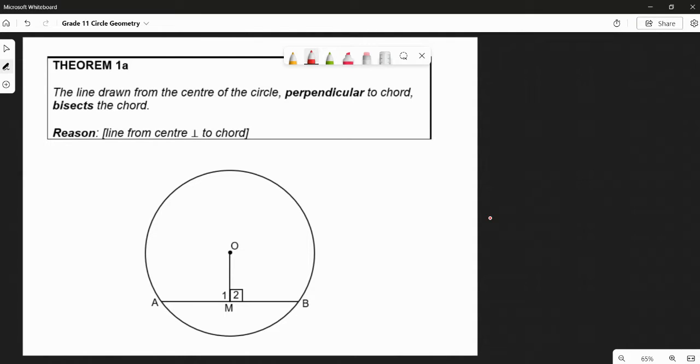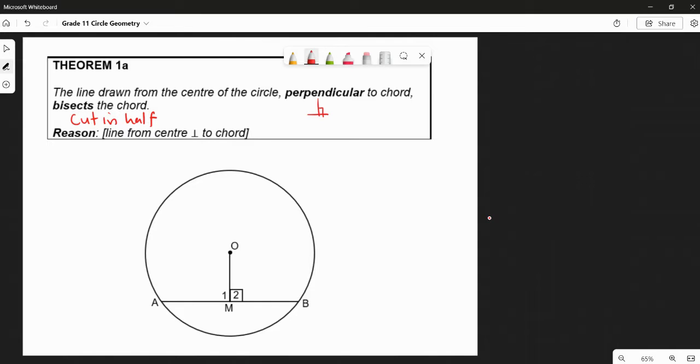Perpendicular means forming a 90-degree angle at the point of contact, and bisect means cut in half, or divide the chord equally. So OM, being the line from the center perpendicular to the chord, bisects the chord.